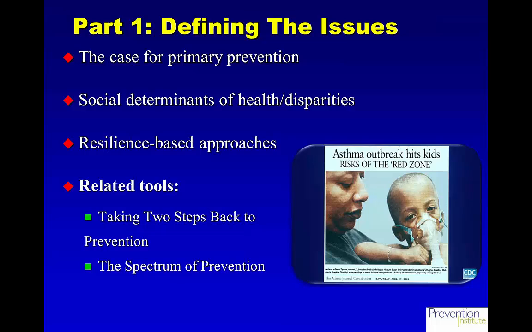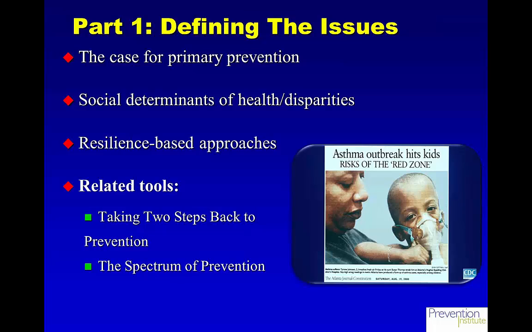Larry also mentioned that health equity and addressing inequities is really critical to doing this work well. So we have a wonderful chapter authored by two members of CDC on the social determinants of health that addresses health disparities.